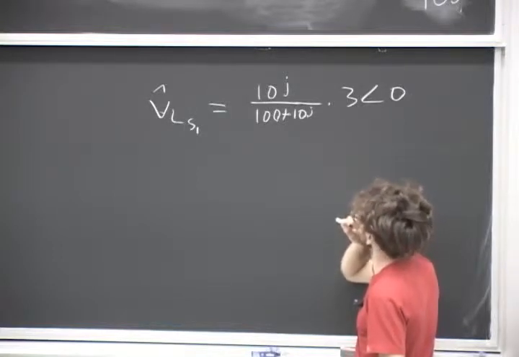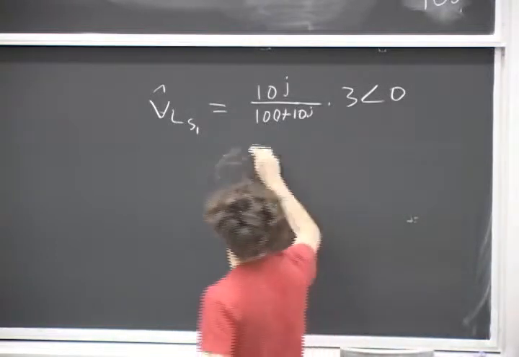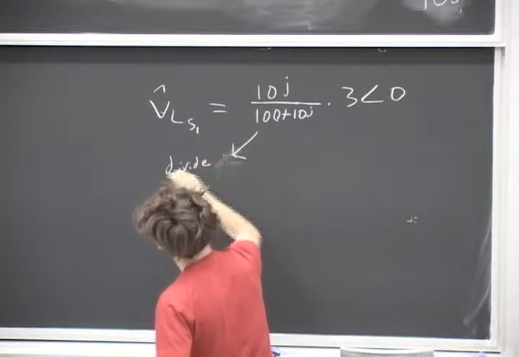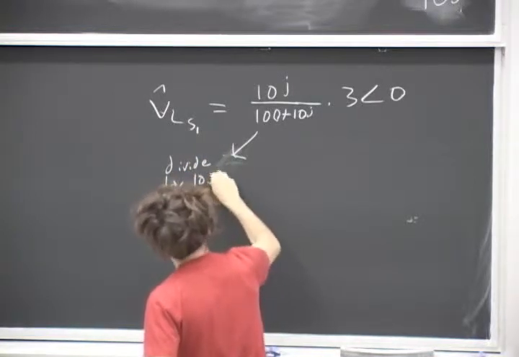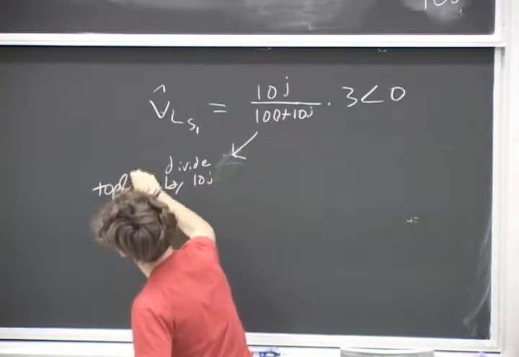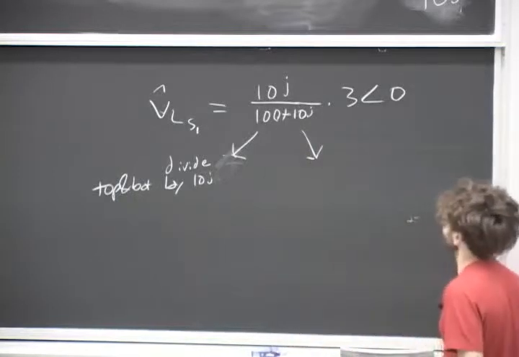Too many negative signs to keep track of. I'm going to be really lazy. There are a couple ways you can do this. One, divide by 10j, divide top and bottom, and polarize it. I did it this way, so I don't have to think about the minus sign at all.